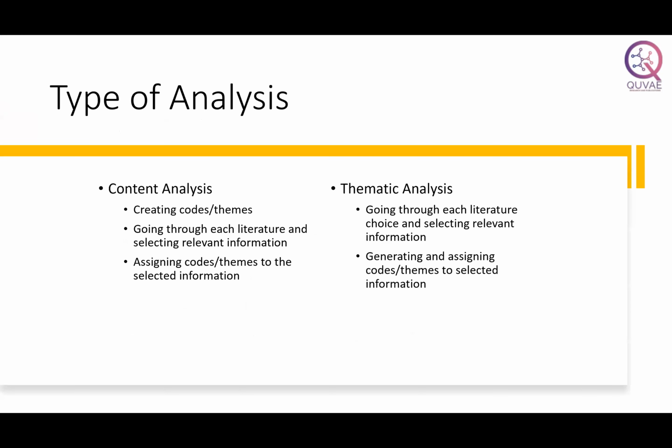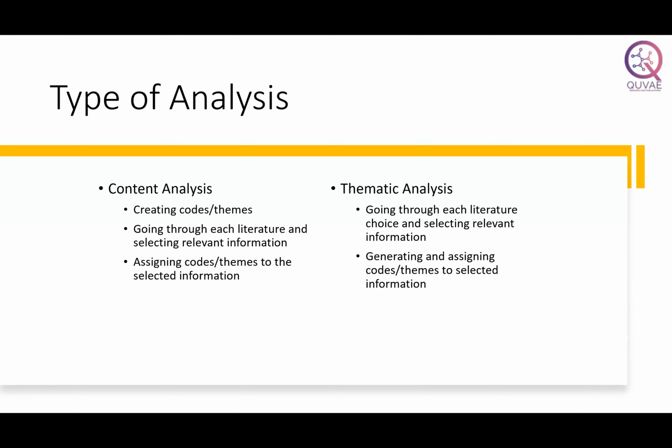So what is the difference between content analysis and thematic analysis? Okay, so for content analysis, you create the codes or themes first, for example like the factors just now. So after that, you decide what the factors are for your study, and then you go through the literature and select the information from the literature, and then you assign the code to the selected information, meaning that you create the code first and assign it.